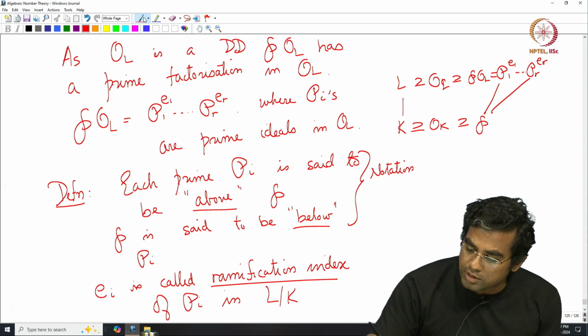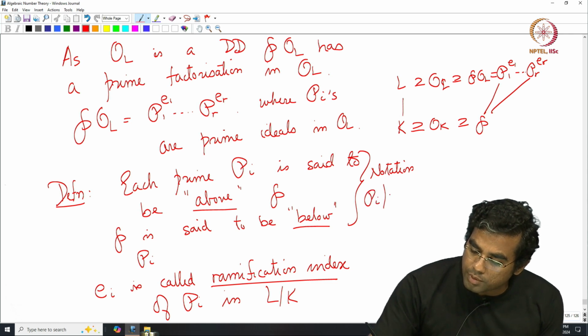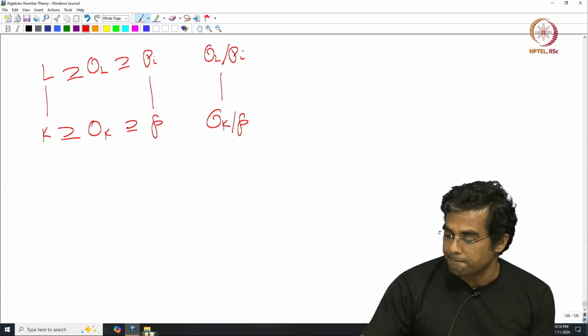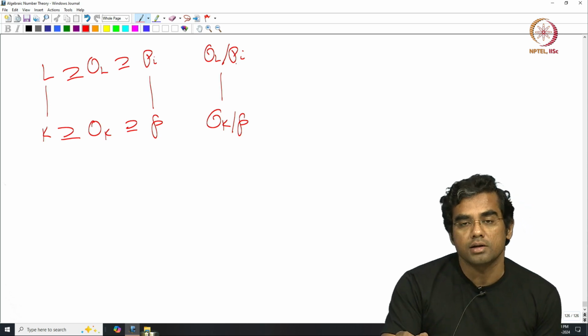Another way of writing above or below is like this. So, P_i divides P.